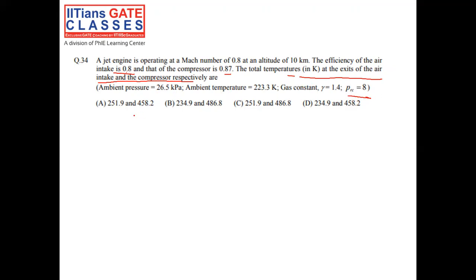So if we draw the TS diagram of inlet and compressor, this one denotes the entry of the engine, and 1 to 2, this process denotes the flow through the engine inlet.